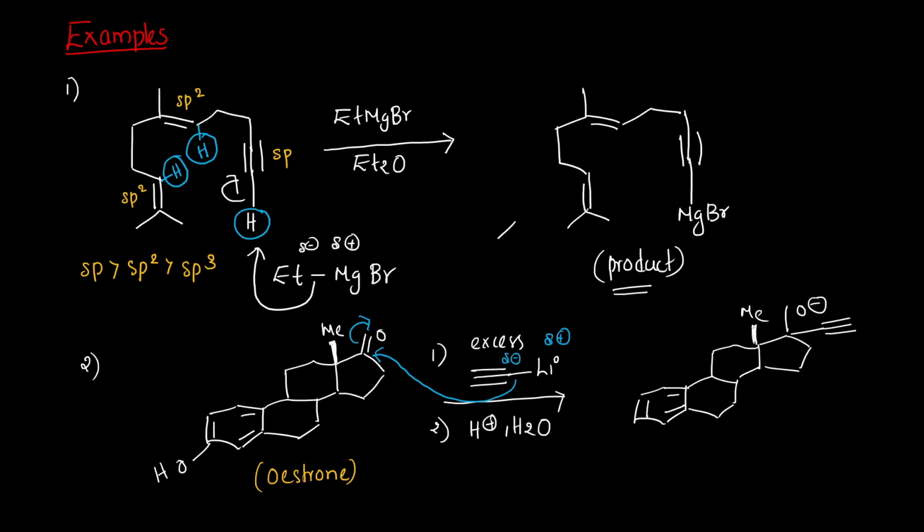So since this methyl group is in the wedge position, you will generate the alkyne in the dash position. Ethynyl estradiol. So you have a hydroxyl group here. So this is a main component that is used in the oral contraceptive pills.